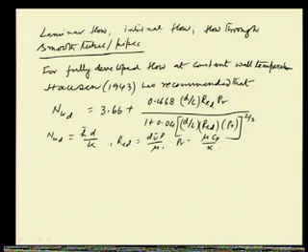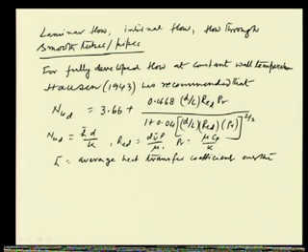So, d is the diameter of the pipe, L is the length of the pipe, okay, and h bar is the average heat transfer coefficient over the entire length of the pipe.